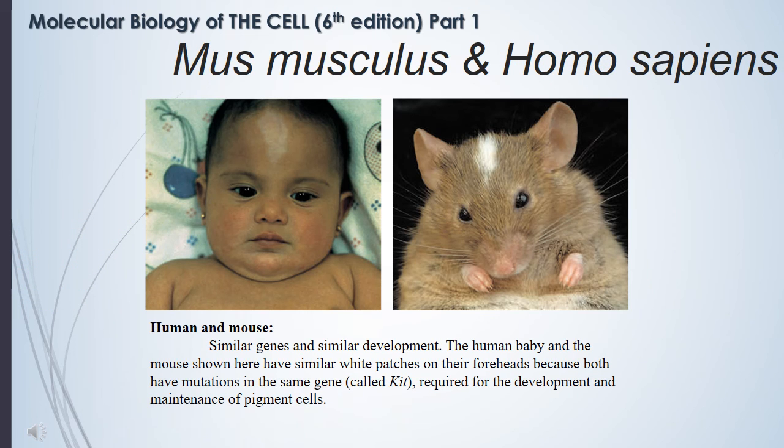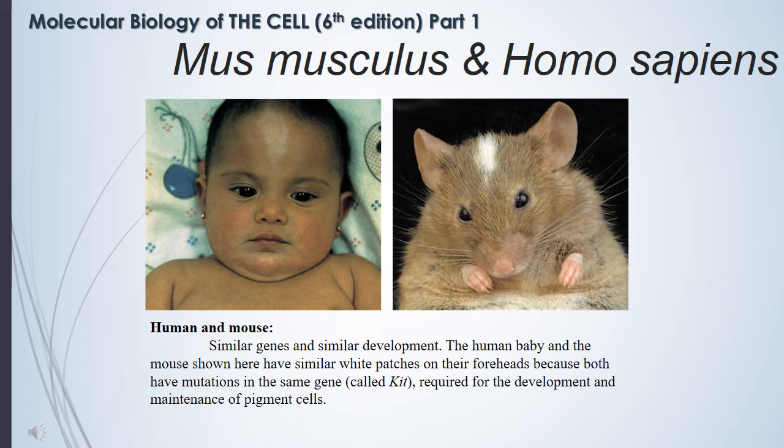So the mouse and humans, surprisingly, are very similar in genetic composition. And again, with mice, the gestation period is about 28 days, which means we can have a progeny in less than a month. And we have genes and we have gene mutations that are actually the same between mice and humans.